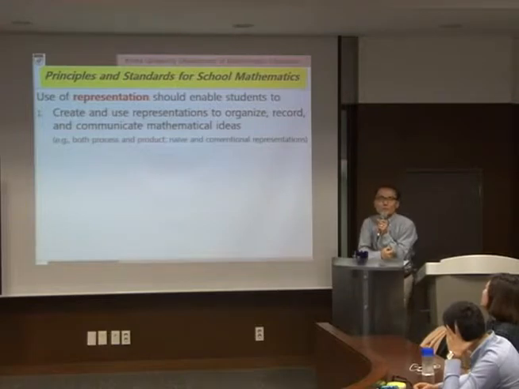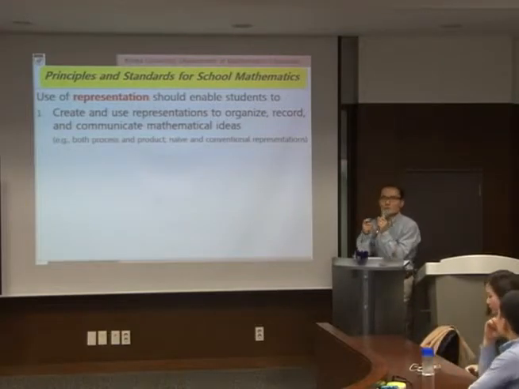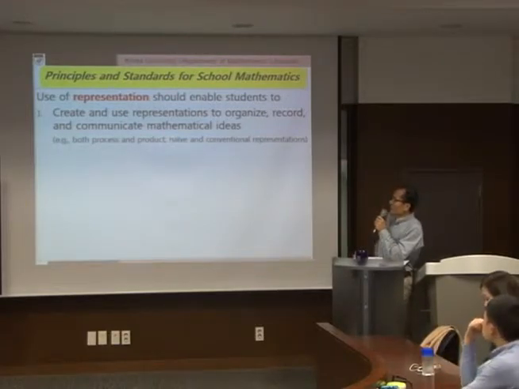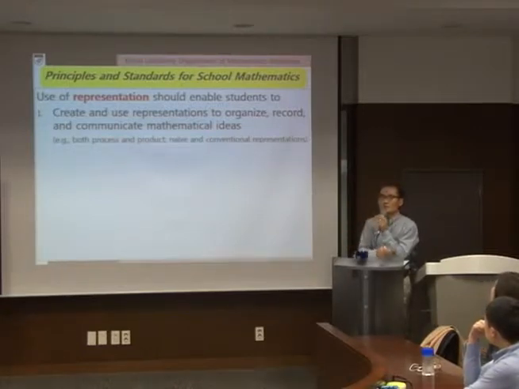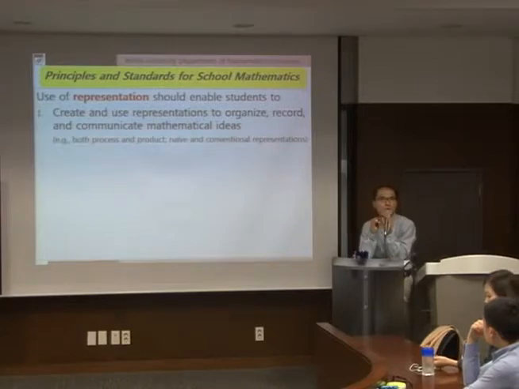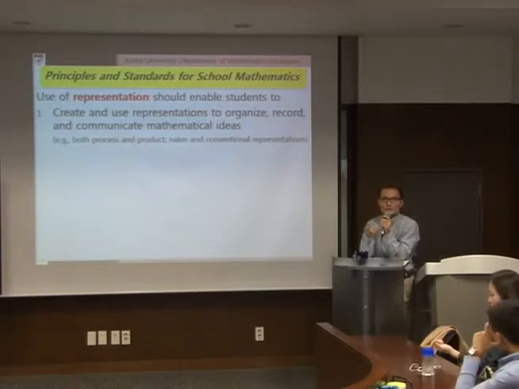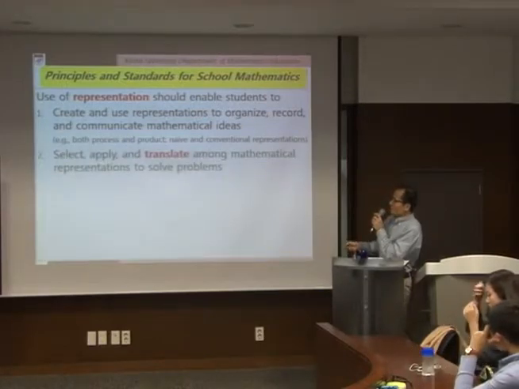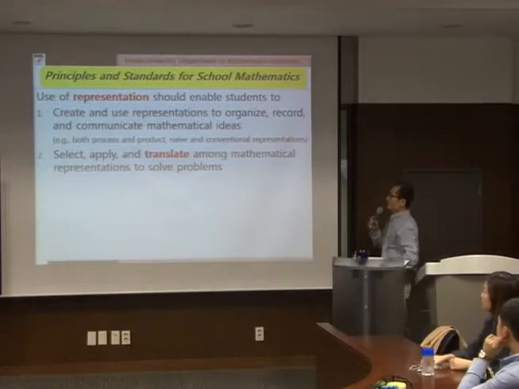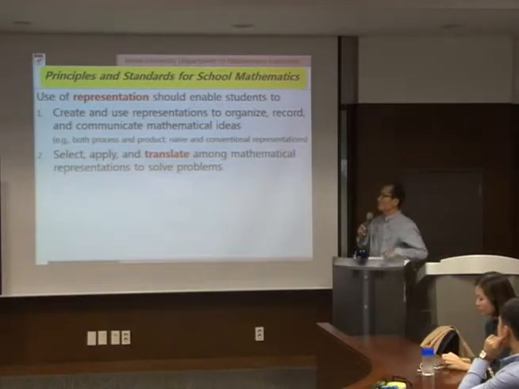First, both process and product should be understood in terms of developing representation. Also, naive and conventional representation, both of them should be considered, not just the conventional one, but also student-invented representation should be included. Second one, select, apply, and translate among mathematical representations to solve a problem.